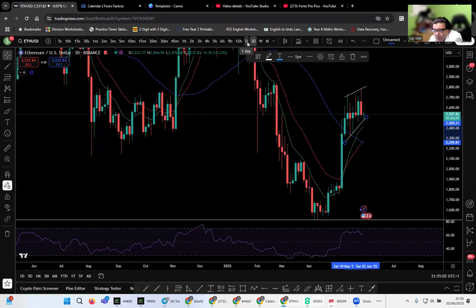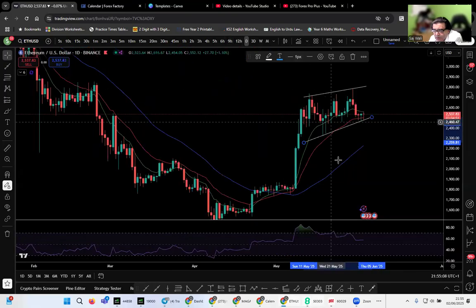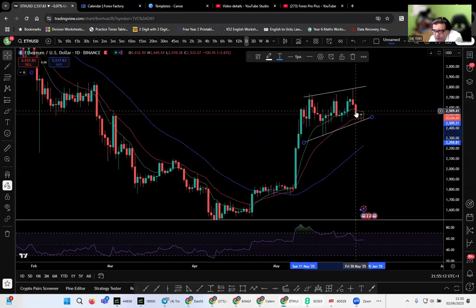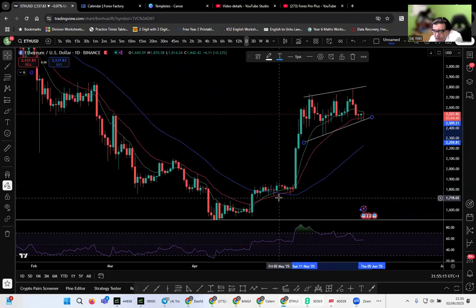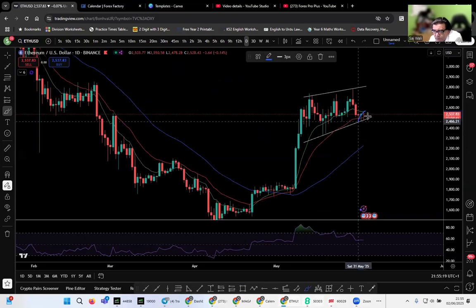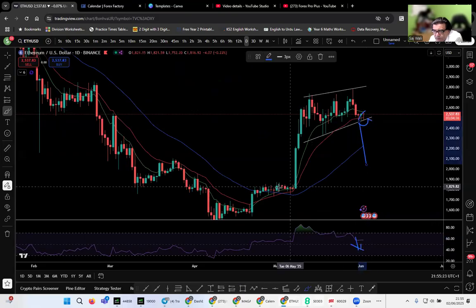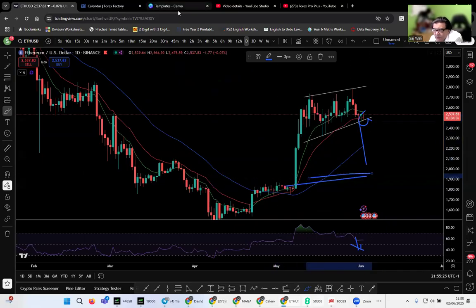Now, we don't know which side it can break. So things are not very clear at the moment. However, the moving average can tell us that if the crossover happens and the RSI goes below 50, it is a possibility it can come up to this level, yeah?